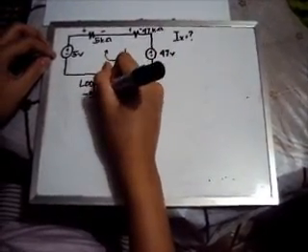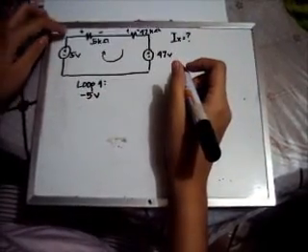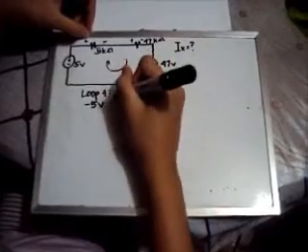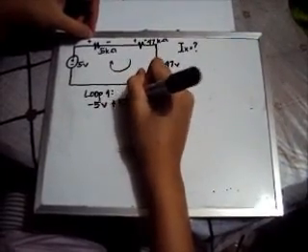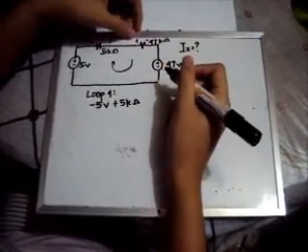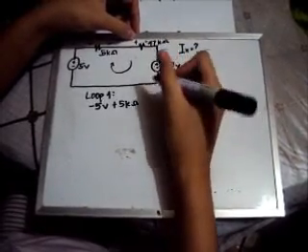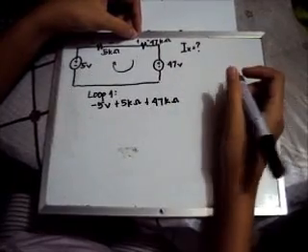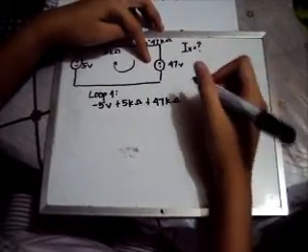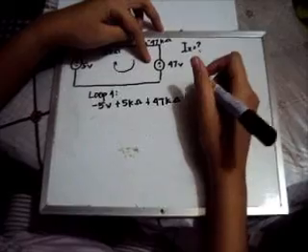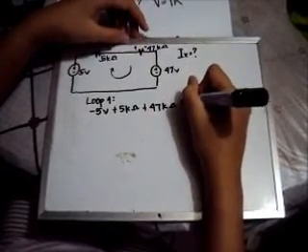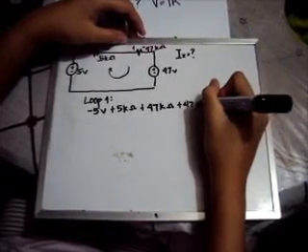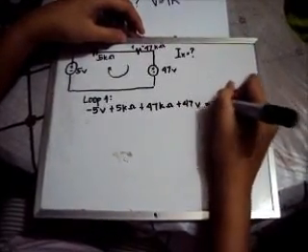So negative 5 volts. Then it enters the 5k ohms and the positive 47k ohms, then also enters the 47 volts, equated to 0.